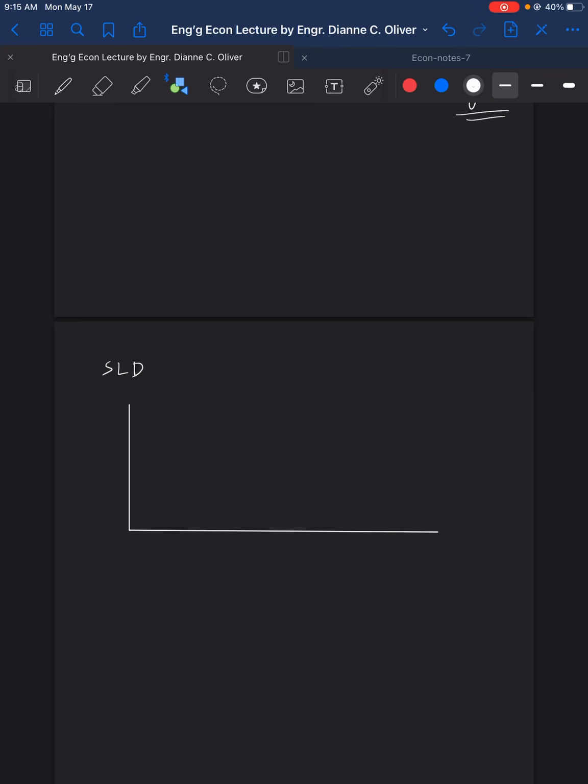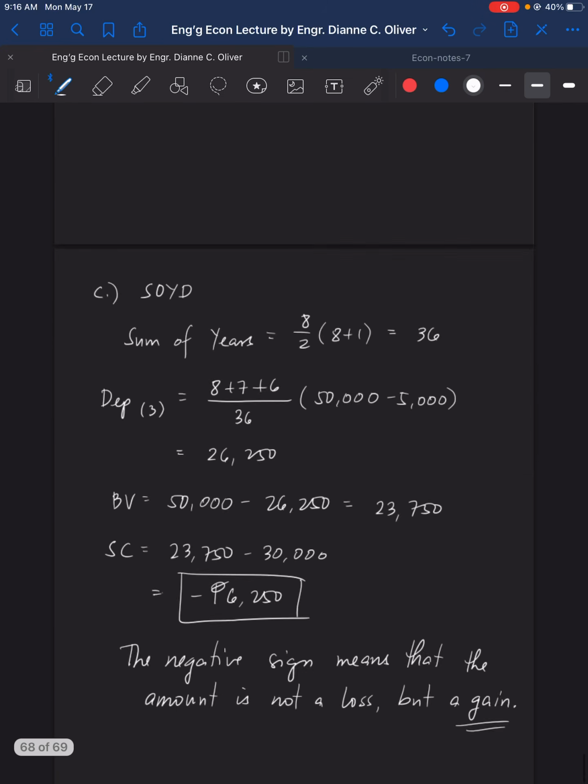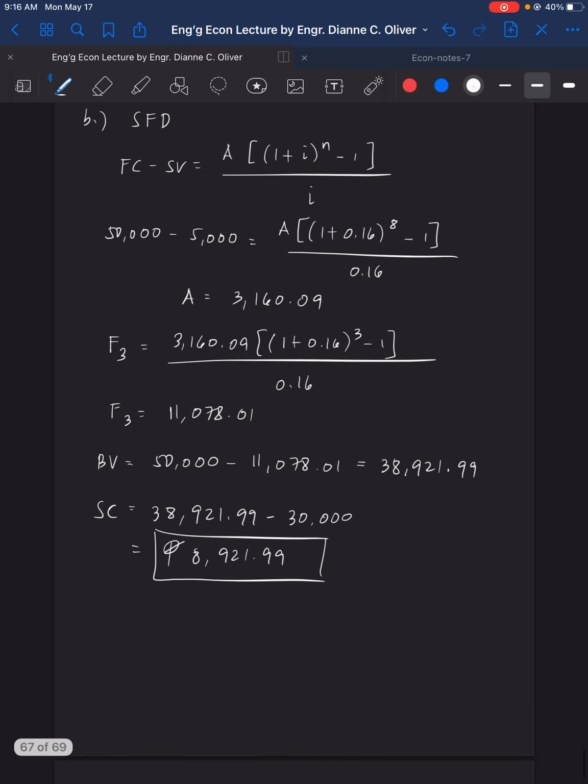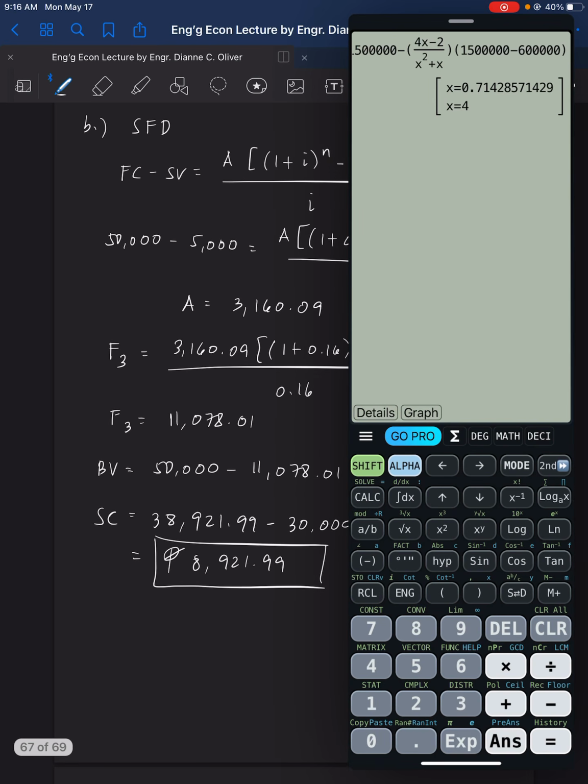Let's have this as 10, 20, 30, 40, 50, versus 2, 4, 6, 8 years. Now let's compute for the book value.